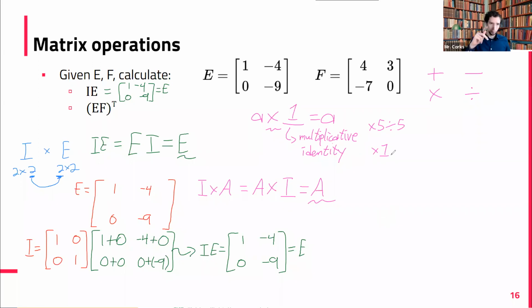So this I with ones in the main diagonal, zeros everywhere else, and square, will give us the same result out, this matrix A, whatever it is. So that's why we care about the identity matrix.